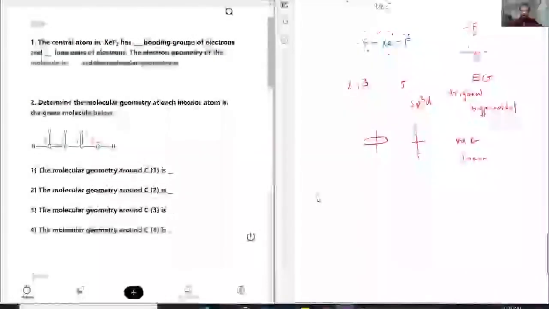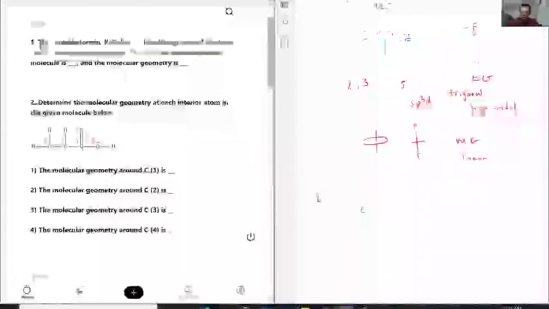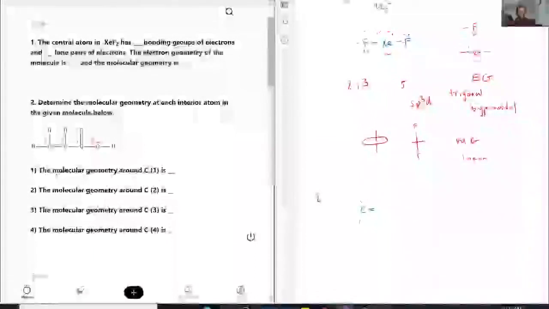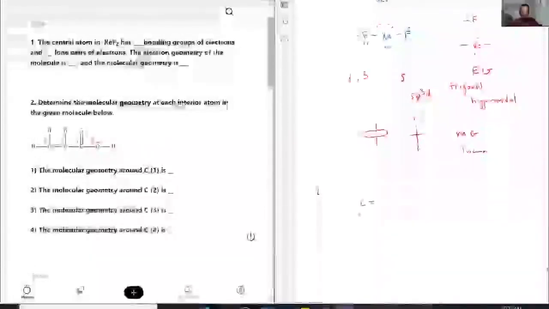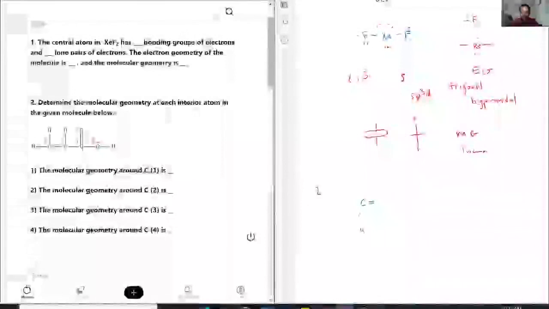The first carbon we have is this, a double bond and 2 singles. For this, we can still say that the amount of bonding groups is going to be 4, because it has 4 bonds and 0 lone pairs.